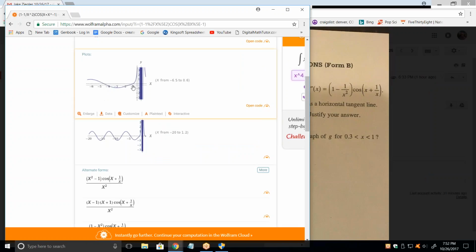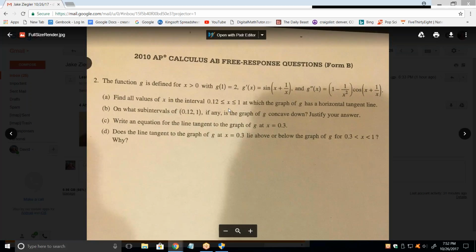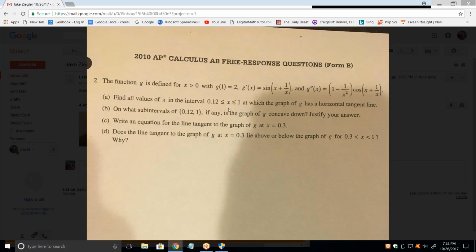Between that point and that point. You see? So that point we'll call negative 4.5. And that point is negative 1.1. And it wants the interval between plus 0.12 and 1.